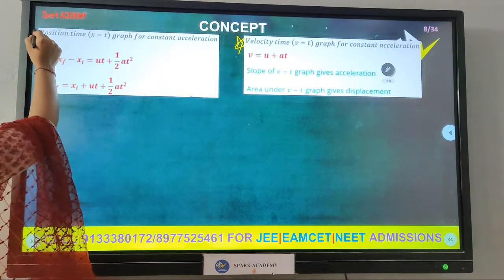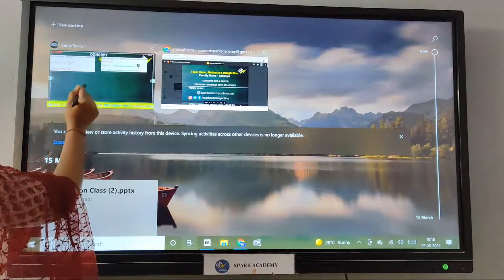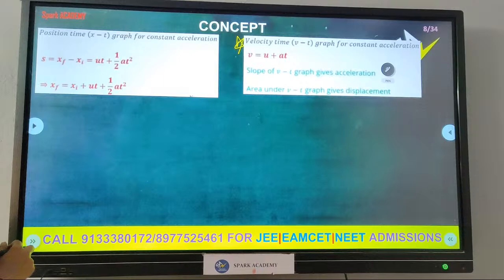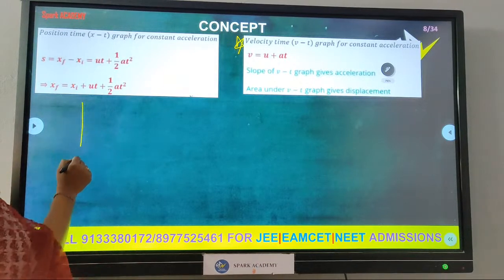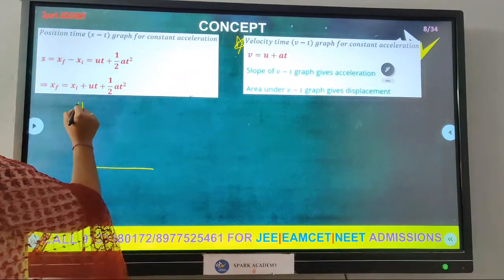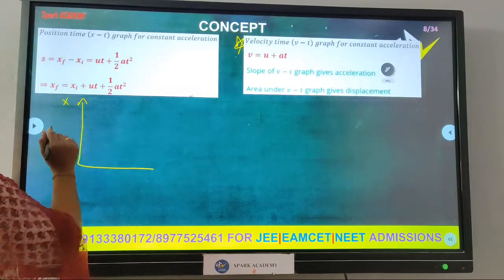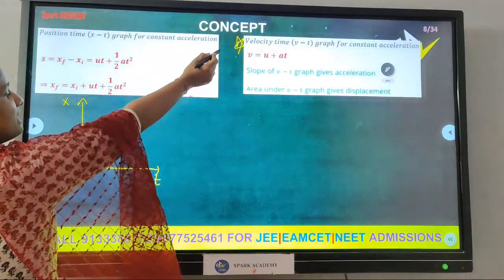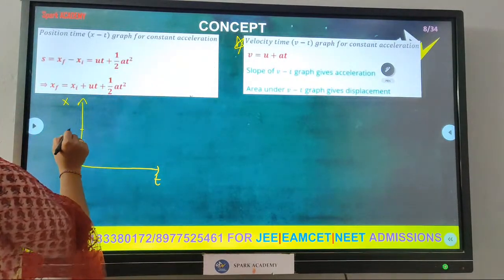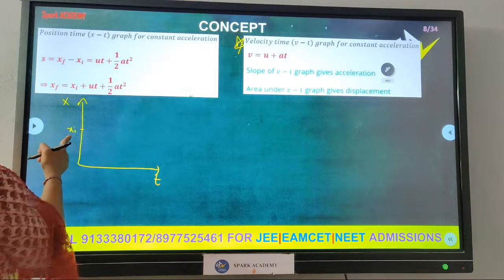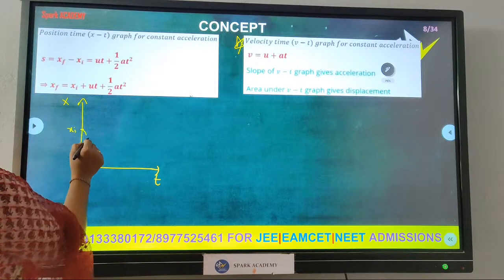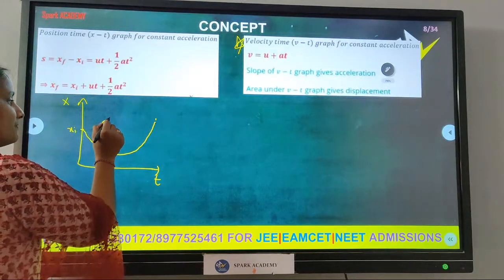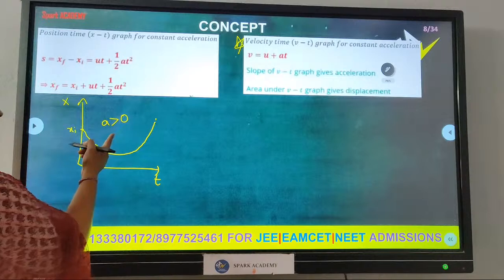And here we are given the position time graph for constant acceleration, meaning position is taken on the y-axis, time on the x-axis. Initially it is the initial position of the object. As time passes, the graph shows like this. This graph is indicating positive acceleration.